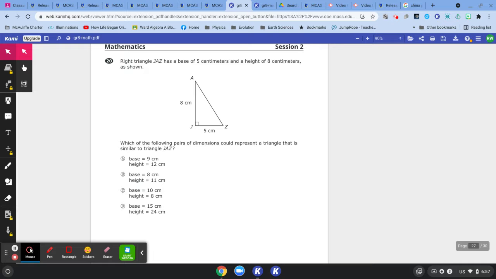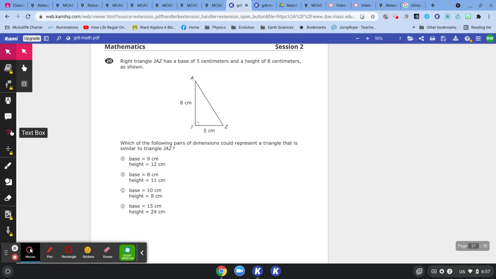Similar triangles are going to have all the same angles, and their sides are going to form proportions, which means that we could set up a proportion with this bottom side, which is going to be called a base, and this side over here that's 8 centimeters, which would be called a height. We call it a height because it's vertical, at a right angle to the bottom.